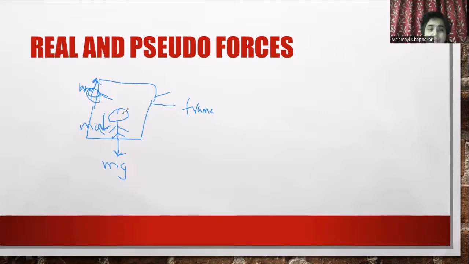So या माणसावर force act होईल pseudo force ma in the downward direction. So total force on the body, which it will exert on the floor, will be m(a plus g).